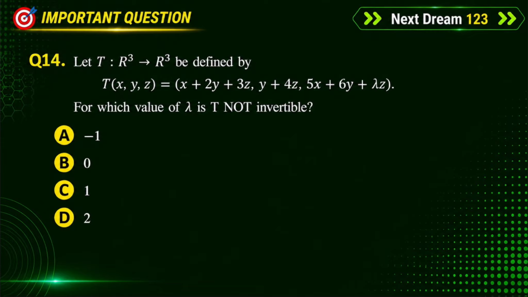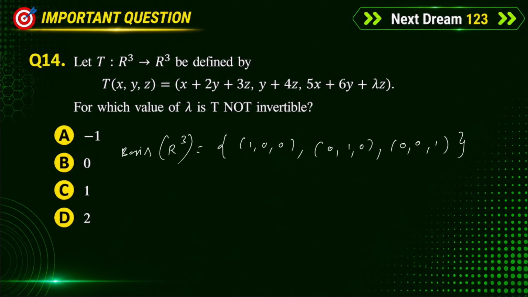For R3, what is the standard basis? 1 comma 0 comma 0, 0 comma 1 comma 0, 0 comma 0 comma 1. These are the standard basis of R3.